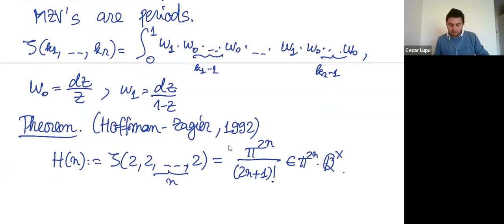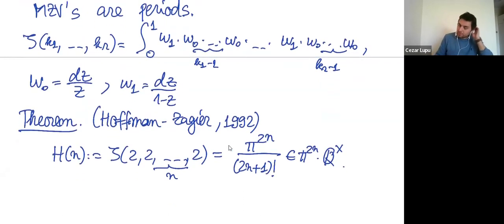It's different from zeta of 2k, right? So it's not the same, but both of them are pi to the 2n times a rational number. In fact, this evaluation was proven independently by Hoffman and Zagier.